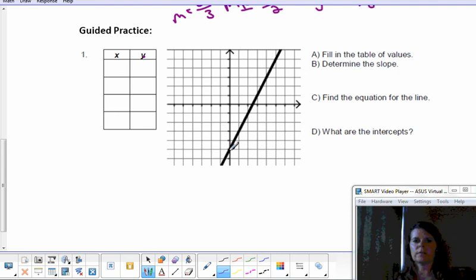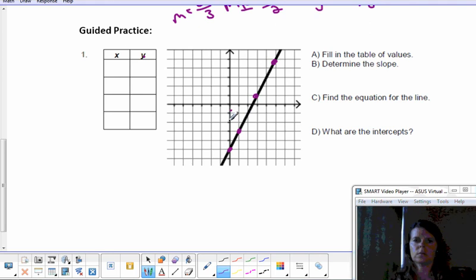So let's find some points on this line and put them in the table. And actually, yeah, let's go ahead and do this one.